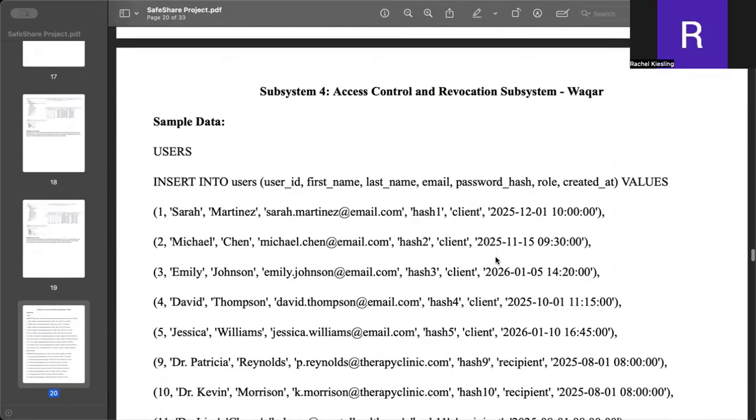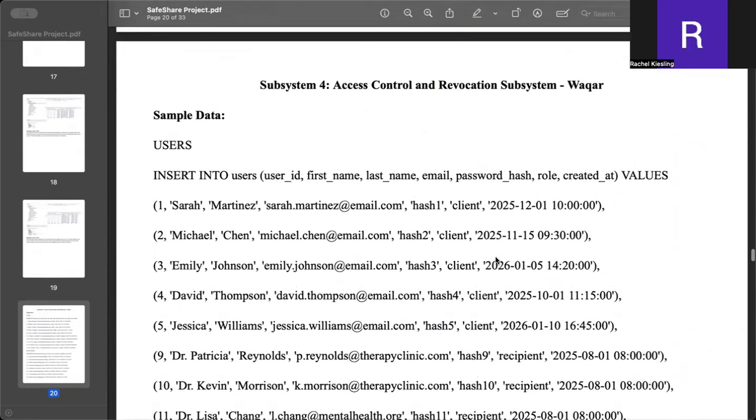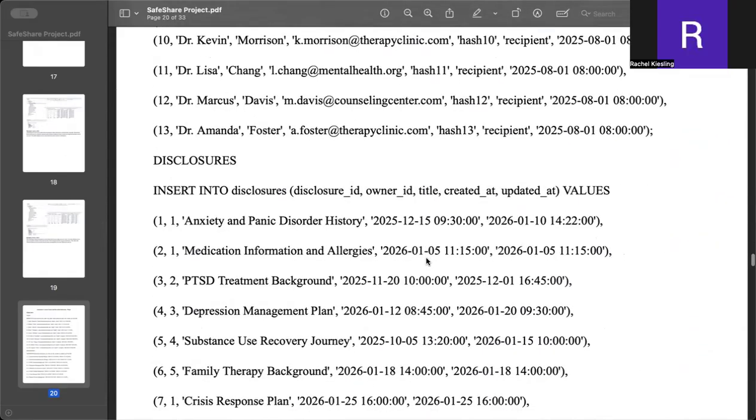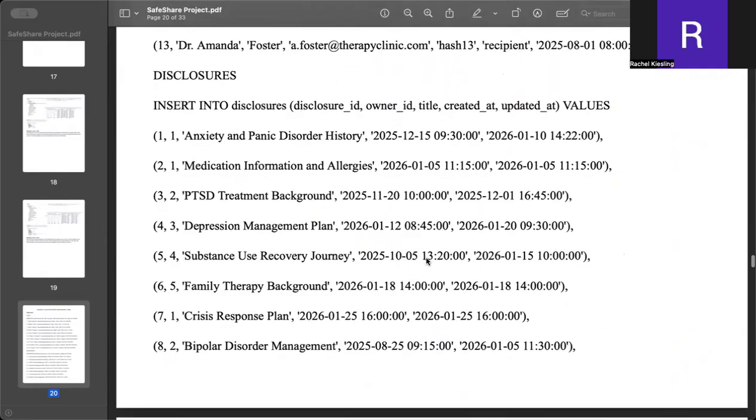My groupmate Wakar has this for his sample data, and he is in charge of access control and revocation of the information from the client to the recipient.